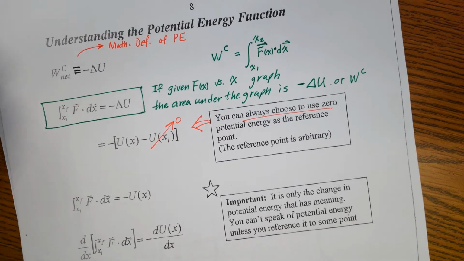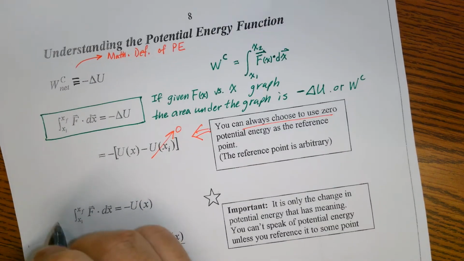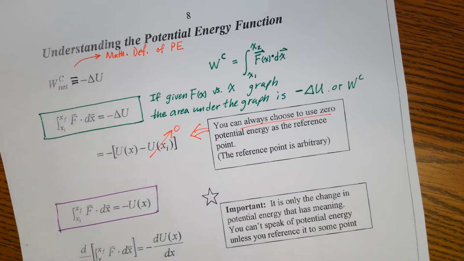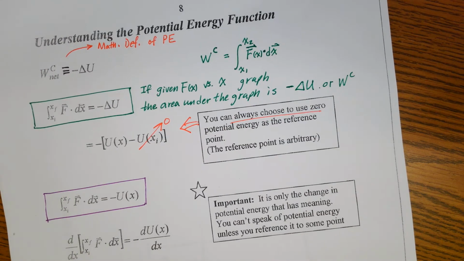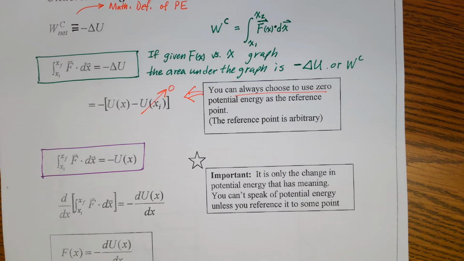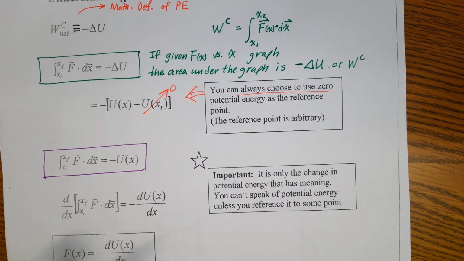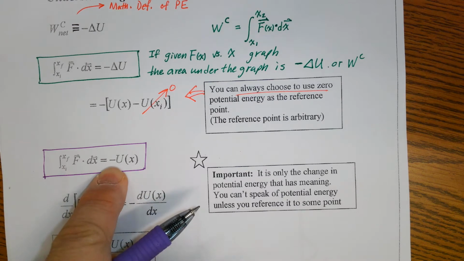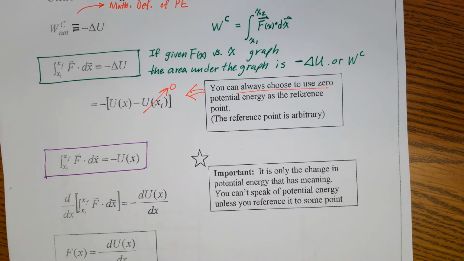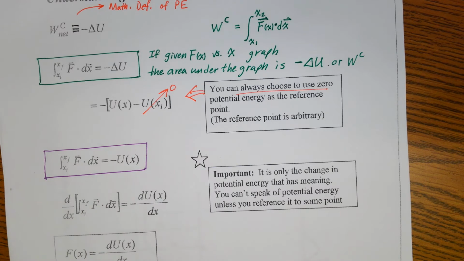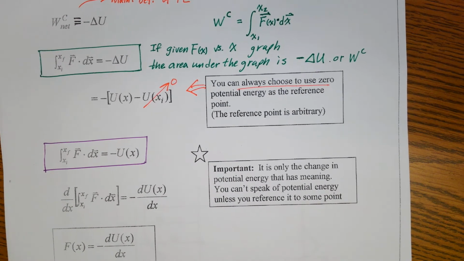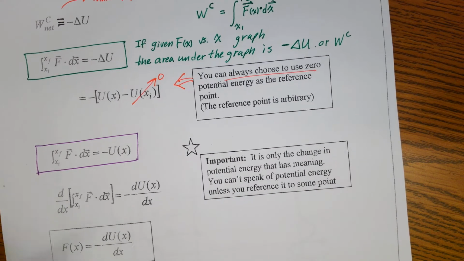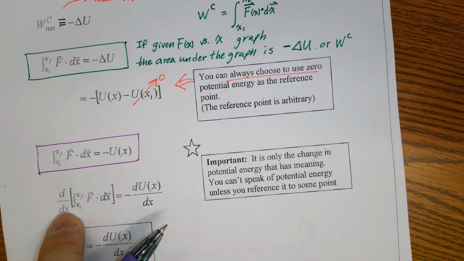That means we can say that the integral of F of x dx is equal to the negative potential energy function. Remember the fundamental theorem of calculus? If you take a derivative of the integral, you get the function itself.